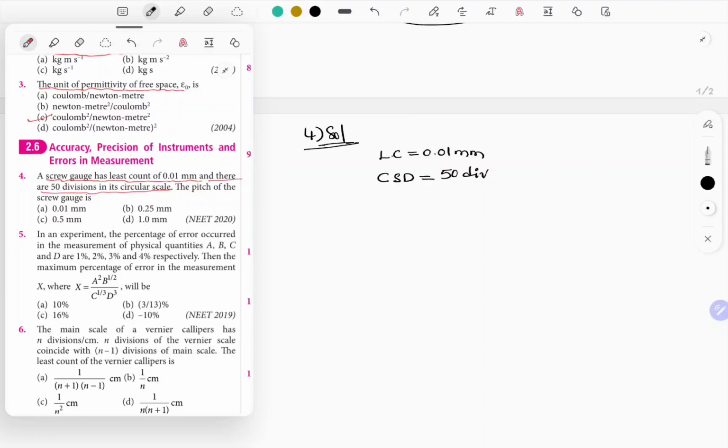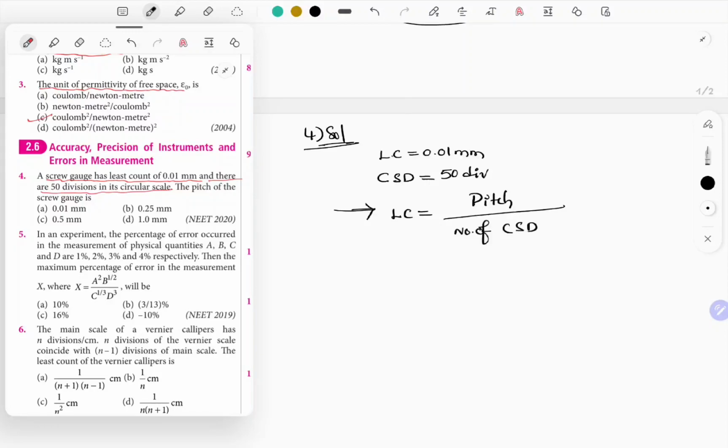Now what is the question asking? They are asking the pitch of the screw gauge. So what is the meaning of pitch? Pitch is the distance traveled by the circular scale in one complete rotation. Now we have a formula: least count is equal to pitch divided by the number of circular scale divisions.